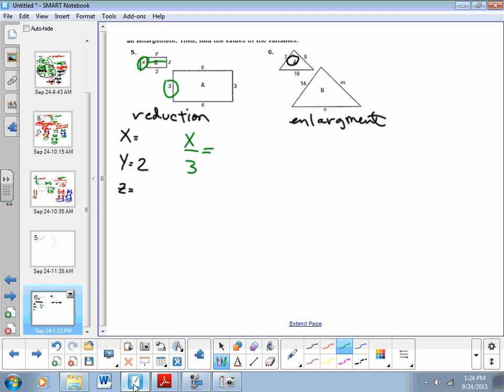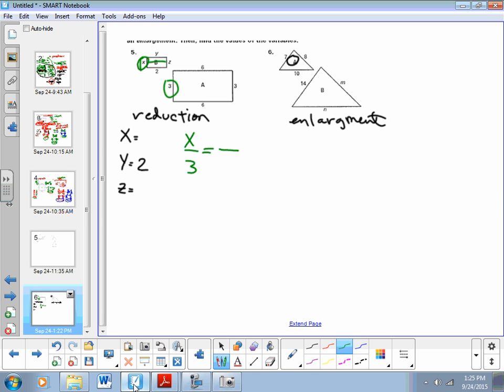Now, would it make sense to throw in, because what we're doing is we're setting up a proportion of the ratio of these sides compared to the ratio of these sides, which means we're going to set up another fraction. Do you think it would be smart to set up a ratio with the letter z in this equation?